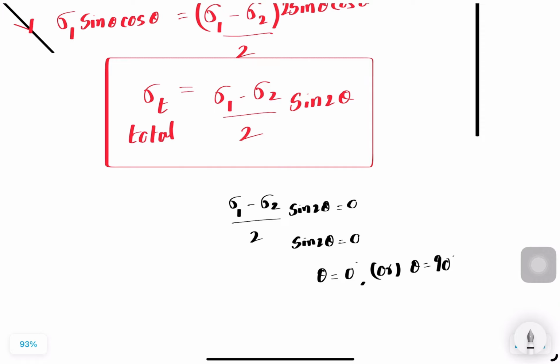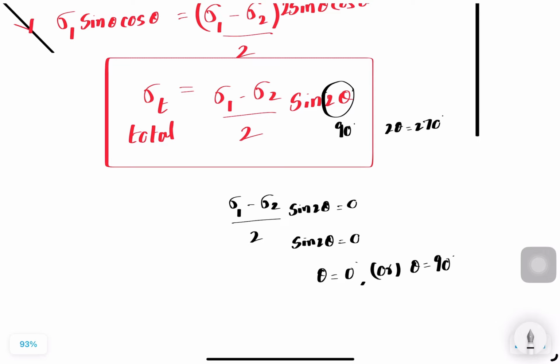Okay. Now, at what angle does the shear stress become maximum? That's very simple. The shear stress becomes maximum when sine 2 theta becomes maximum, and it becomes maximum when 2 theta becomes 90 degree, or when 2 theta becomes 270 degree.